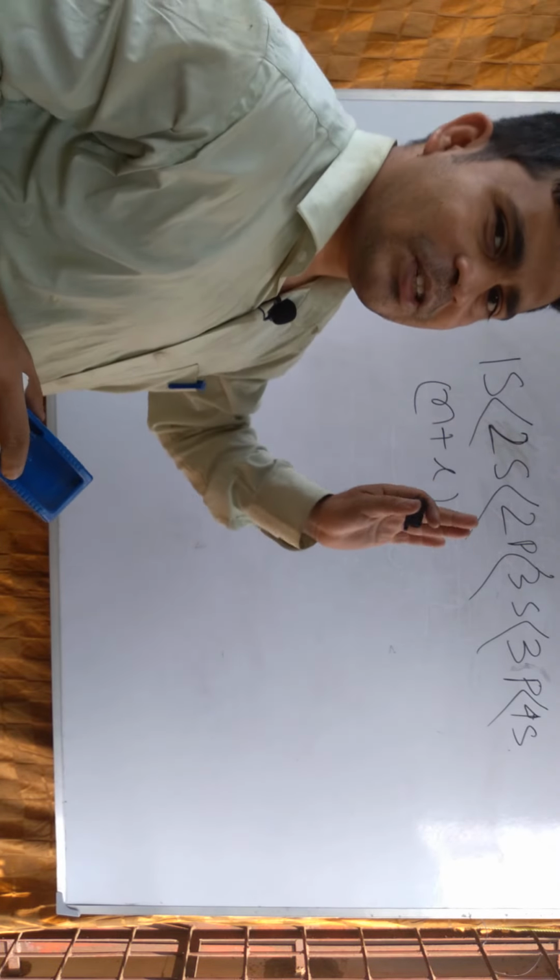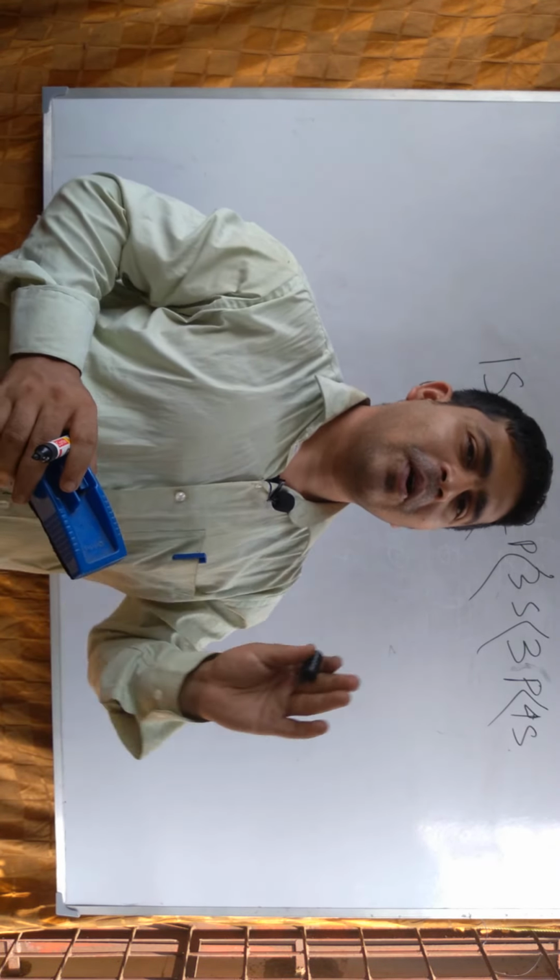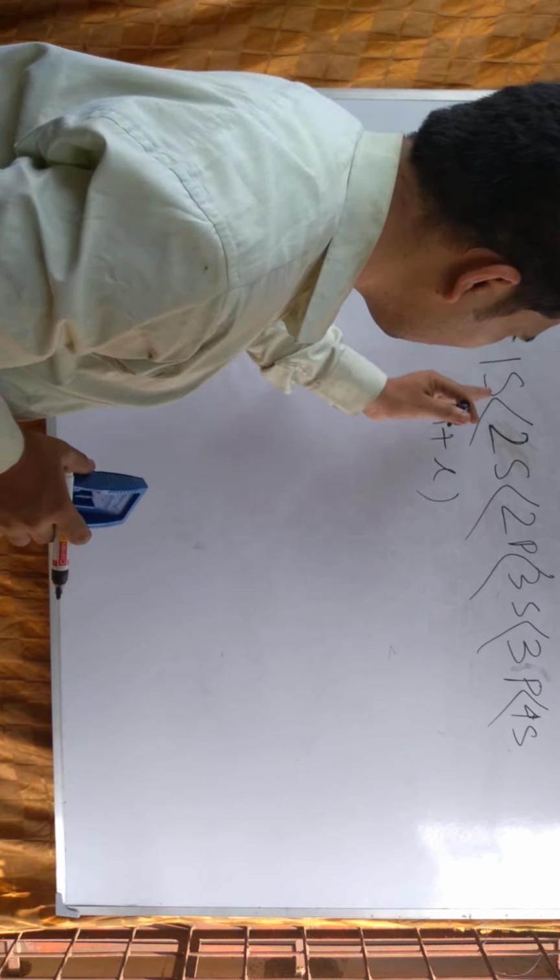So we distribute the electrons for a particular element in this order.